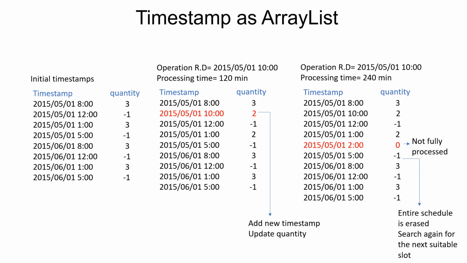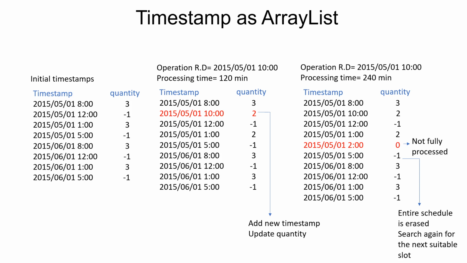But suppose the release date of an operation is at 10 o'clock and the required processing time is 240 minutes. Then the first 2 hours of the operation will be allotted from 10 to 12. At 12 o'clock there will be a shift break.